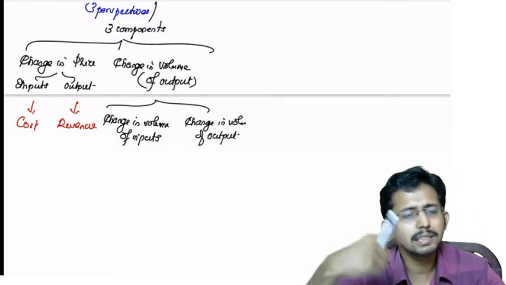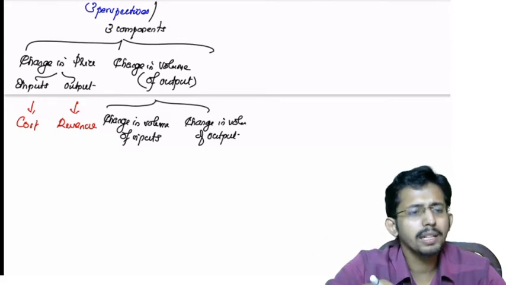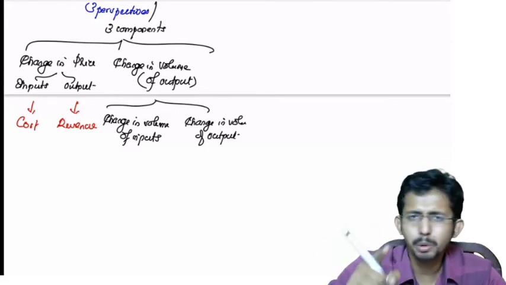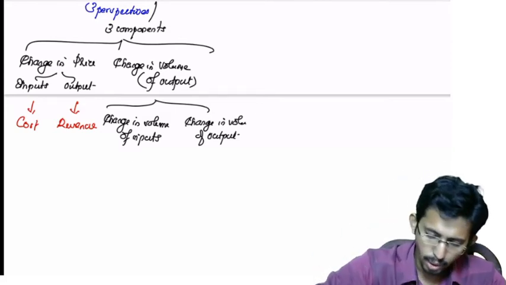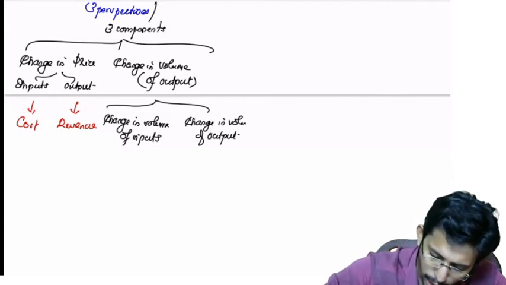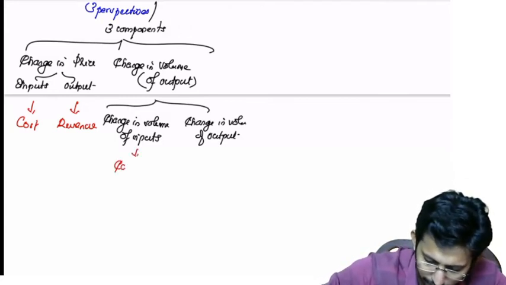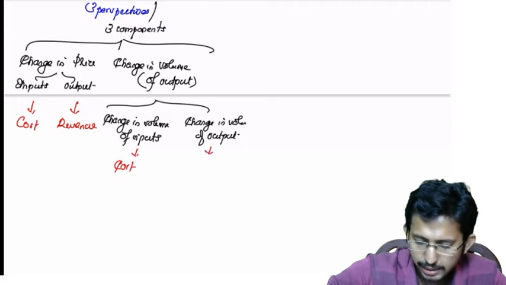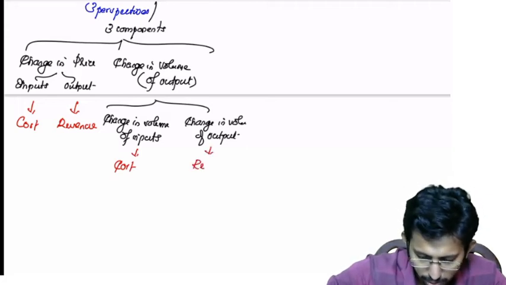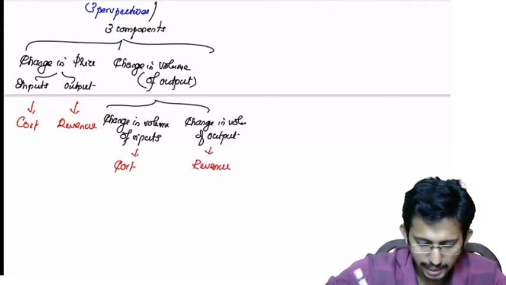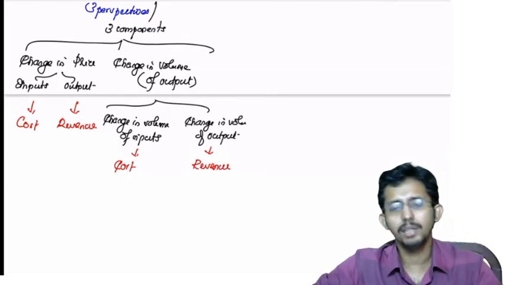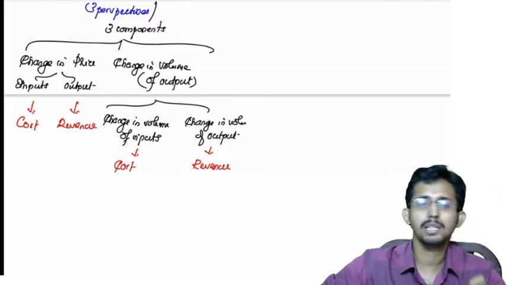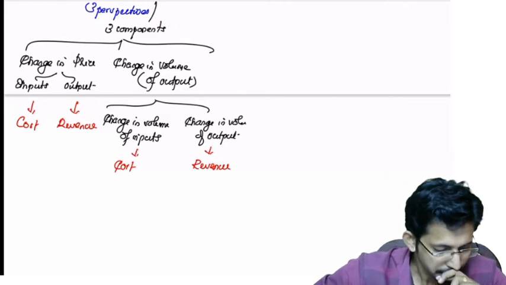Whenever there is a change in the volume of the output, correspondingly what will happen to the volume of the input? There should be a change. Whenever there is a change in the volume of input, this affects the cost, and change in volume of the output affects the revenue. So again, the second component, change in volume, is affecting both cost as well as revenue.